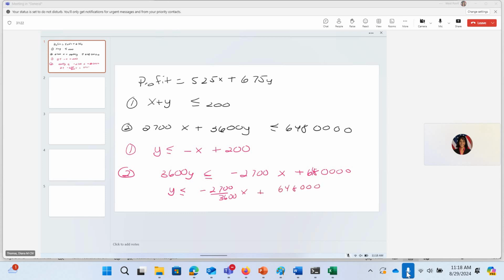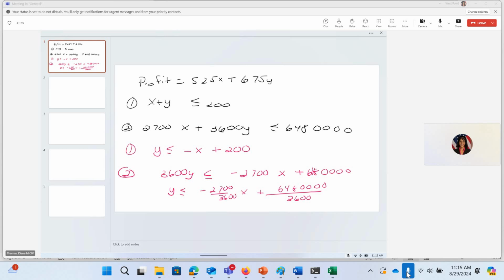Now, because I have a surface, I can actually just change this around. Divided by 3,600, fractions. It's really just, because I have a surface, I can do this.